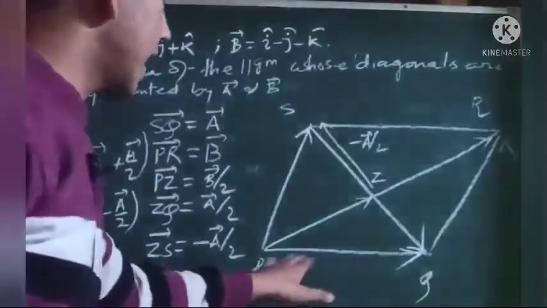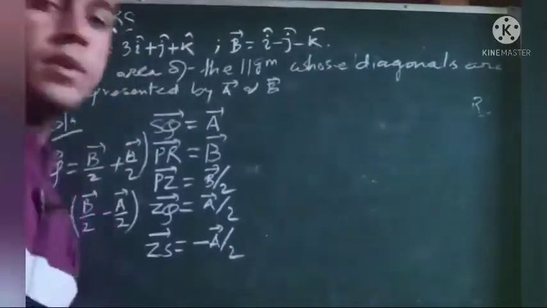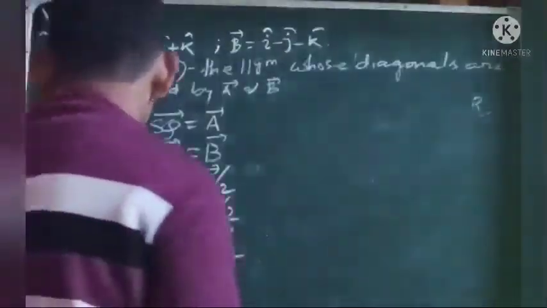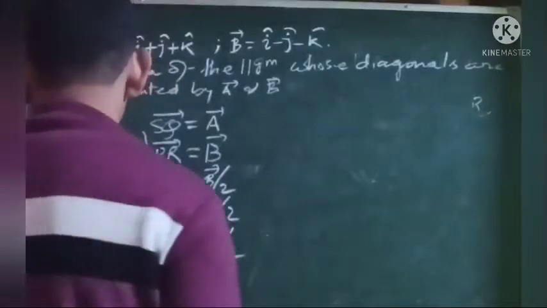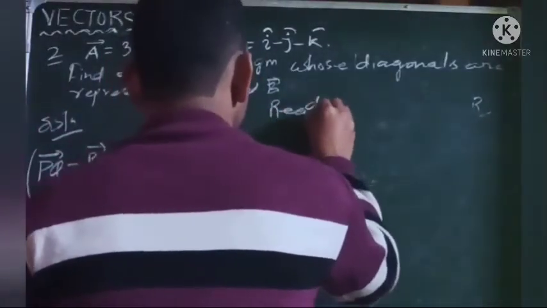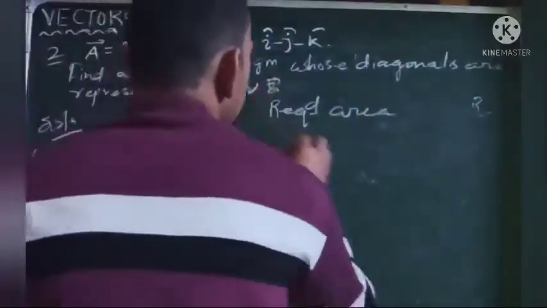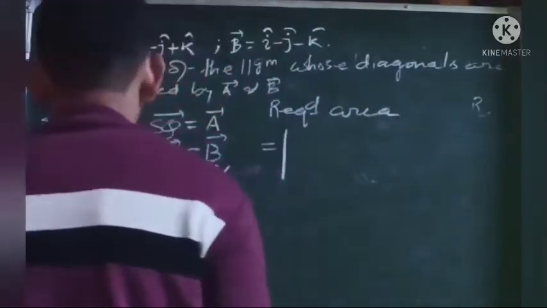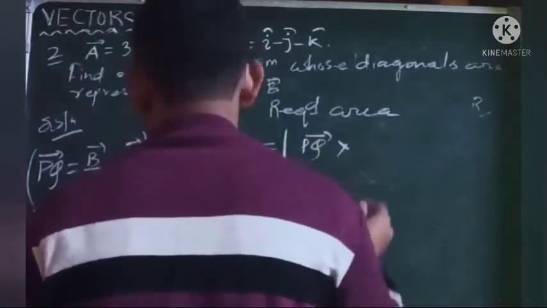Now we have got the adjacent sides. Now we can easily find the area of the parallelogram. Using the geometrical meaning of cross product, we have already seen that the area vector will be given by the cross product of these two vectors, PQ vector and PS vector. Therefore, the required area, since we are asked only the magnitude, is the magnitude of the cross product PQ cross PS.